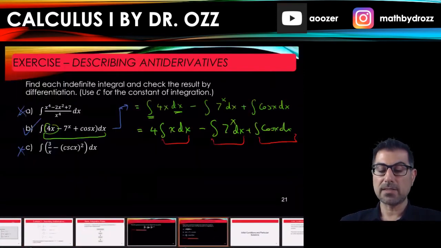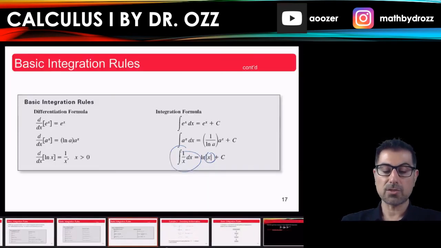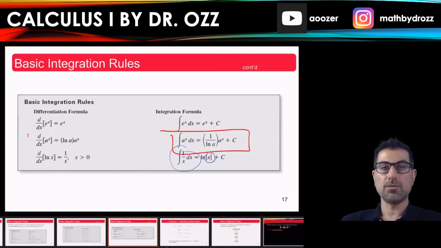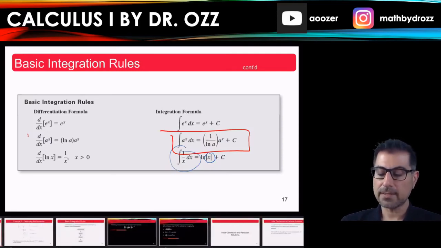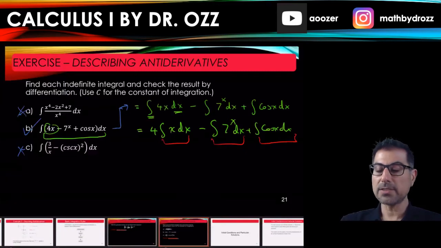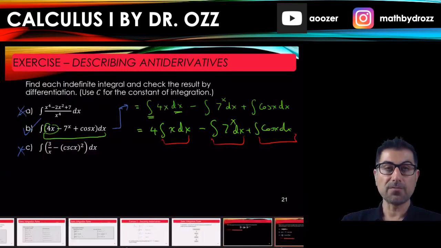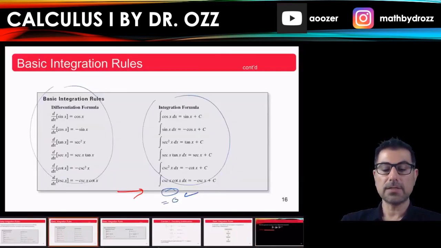And I have 7 to the x dx. I know that I have a formula for that, which is right here: the integral of a to the x dx is 1 over ln a times a to the x, with a equals 7. I'm going to copy that down here in a sec. As well, for cosine x dx, I have a formula right here. Cosine x dx is sine x plus c.